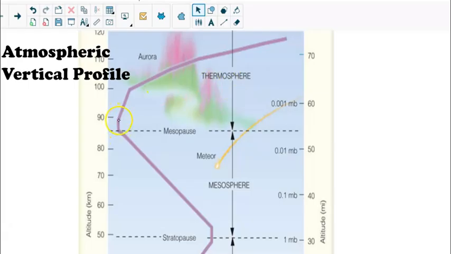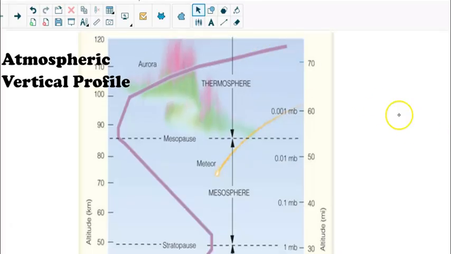But I think that the International Space Station is in the end of the thermosphere here, in orbit above here. Also, the thermosphere is sometimes called the ionosphere, because of all these ions from solar flares.